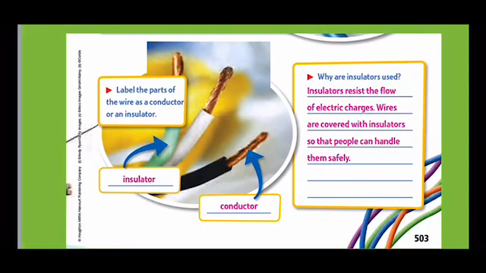Why do we use insulators? Definitely, insulators resist the flow of electric charges, so wires are covered with insulators so that people can handle them safely. See? It's all about your safety. Okay.